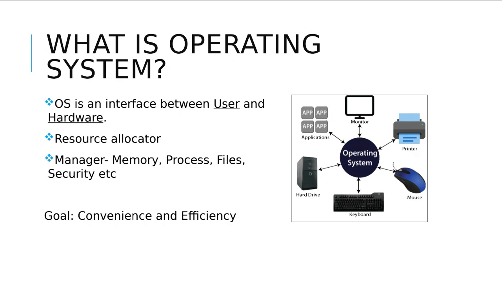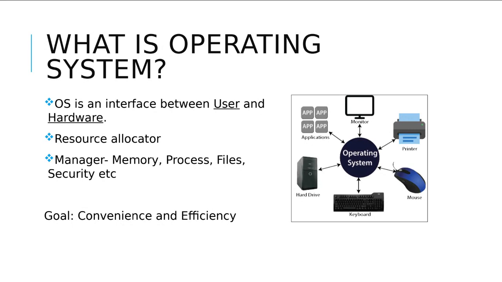Your processor is a resource, your hard drive is a resource, your mouse is a resource, your keyboard is a resource, the monitor, everything is taken as a resource of your system. Now, what is a resource allocator?